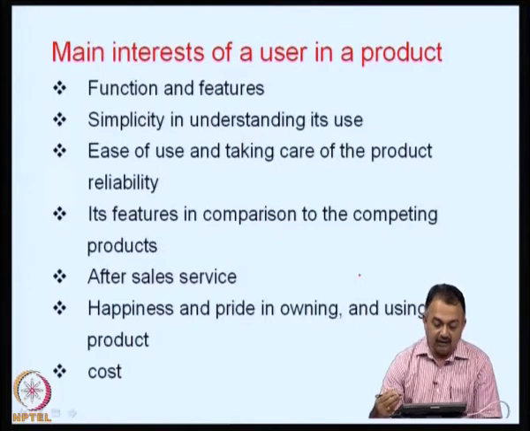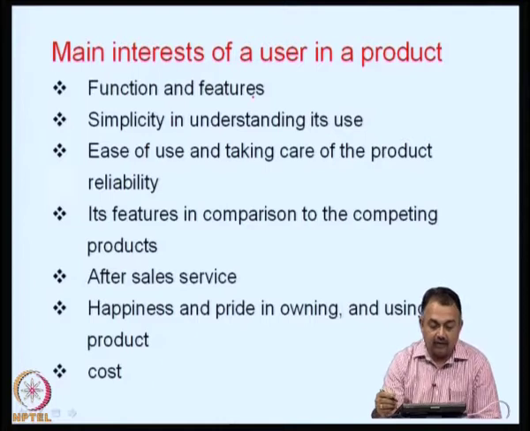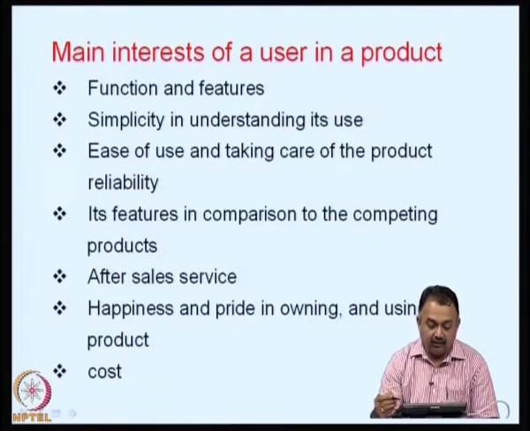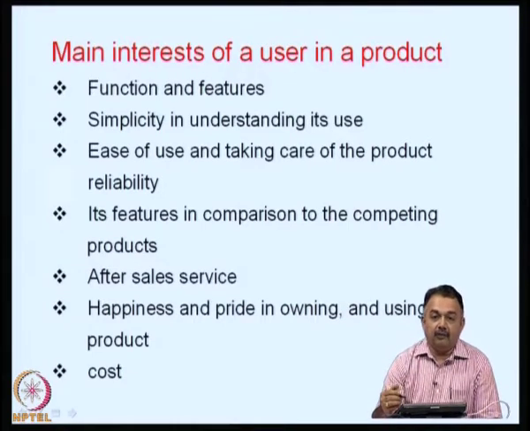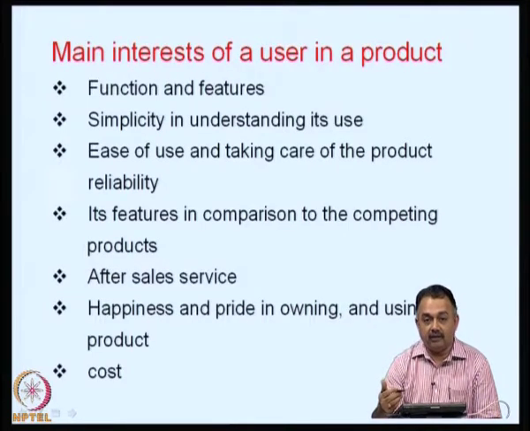So, as an engineer, you have to look at what system functionalities you can build, what are the features you can have, simplicity in understanding its use, ease of use and taking care of the product reliability, its features in comparison to the competing products. Obviously, you have to be a leader when an existing product is there in the market today.